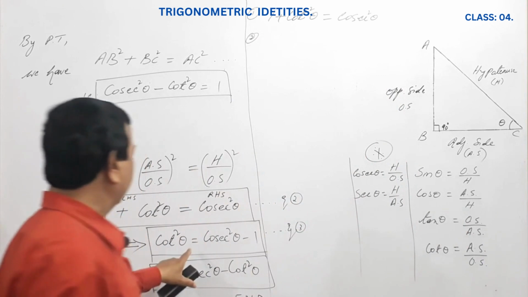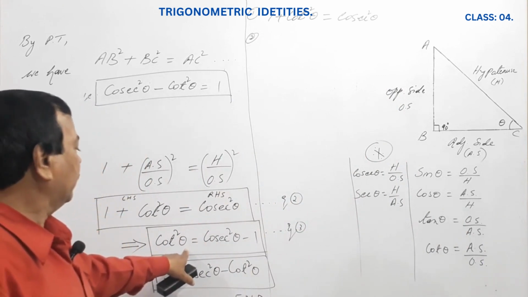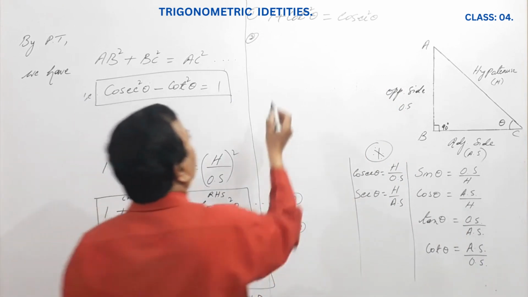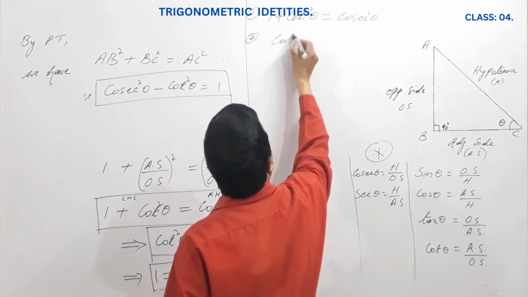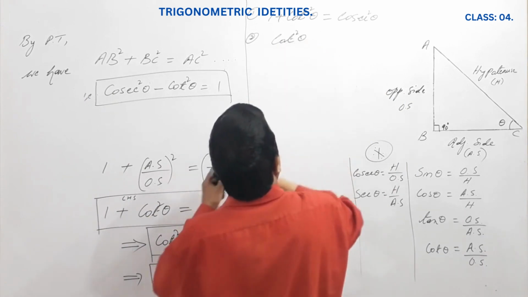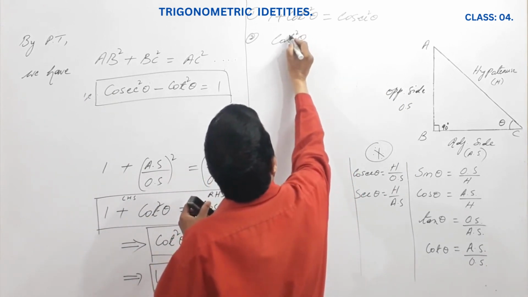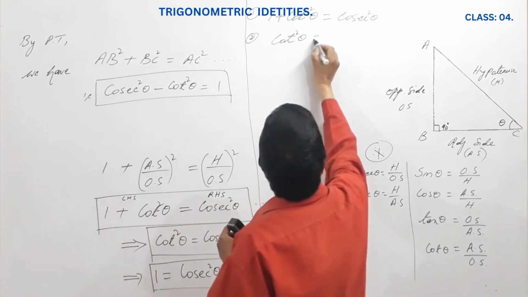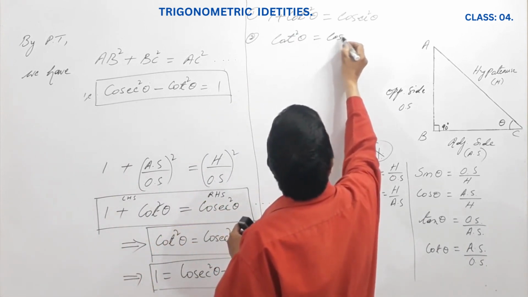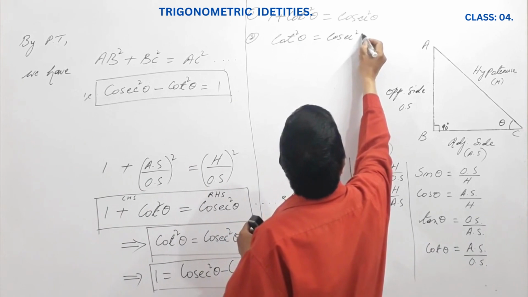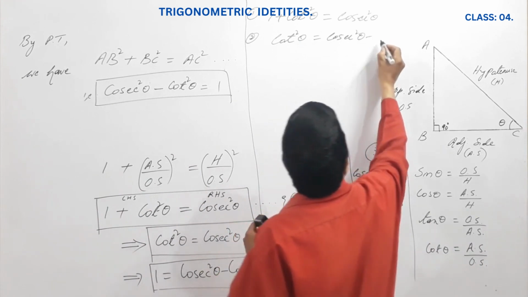Next, cot square theta equals to cosecant square theta minus 1.